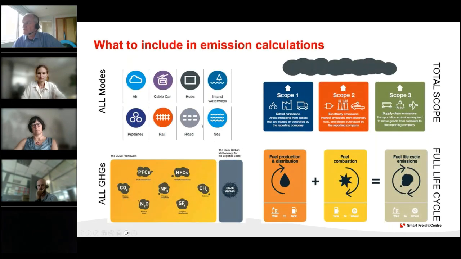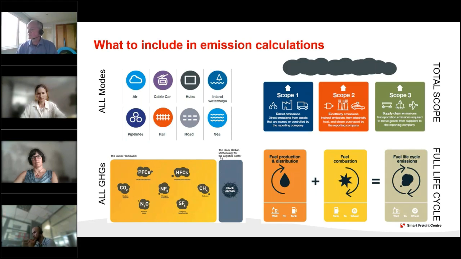The boundaries of the emission calculation are again intended to be all-encompassing, all modes, taking into account, as I've said, the whole fuel life cycle, so the emissions from the energy production and distribution, as well as those that come from the point of use.